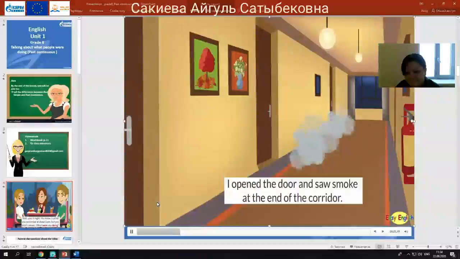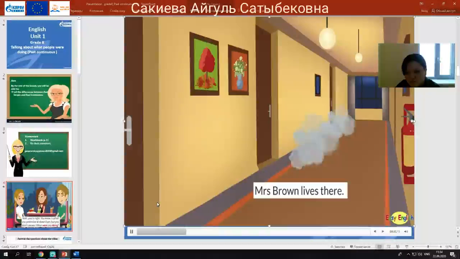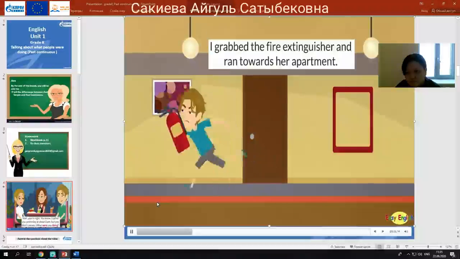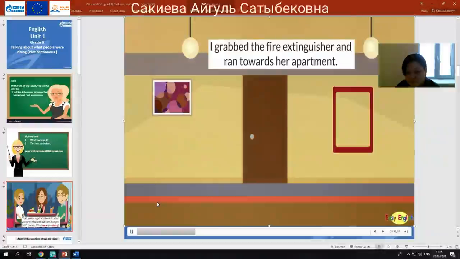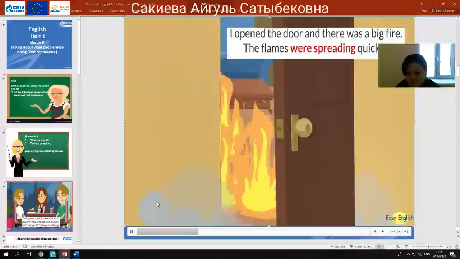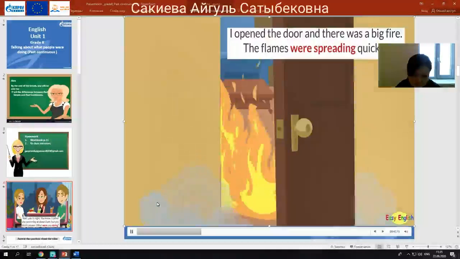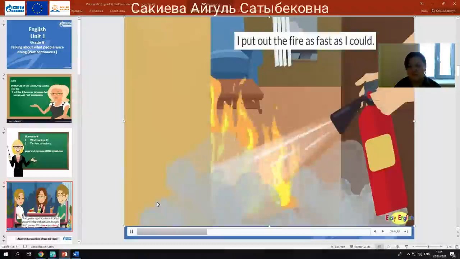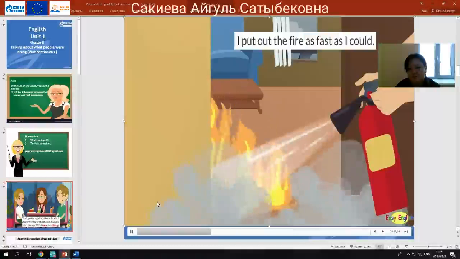I opened the door and saw smoke at the end of the corridor. Mrs. Brown lives there. I grabbed the fire extinguisher and ran towards her apartment. I opened the door and there was a big fire. The flames were spreading quickly. I put out the fire as fast as I could.